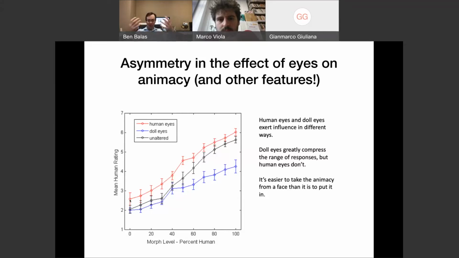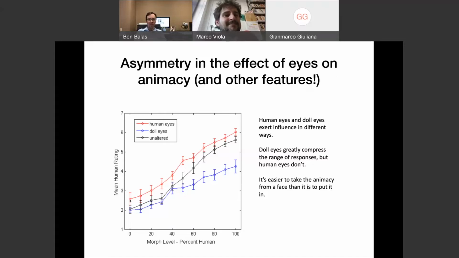A small area that looks inanimate makes the face look dramatically inanimate or artificial, and that same little drop of real human appearance doesn't have the same impact. You can't make an artificial face look much more real just by putting in a little bit of real appearance, but you can do the opposite. You can make a real face look very fake by putting in just a little bit of artificiality.